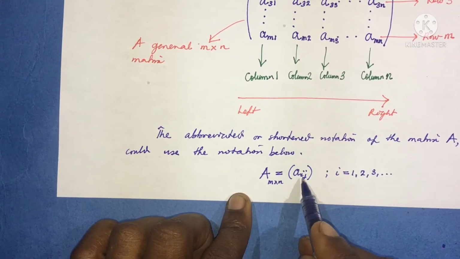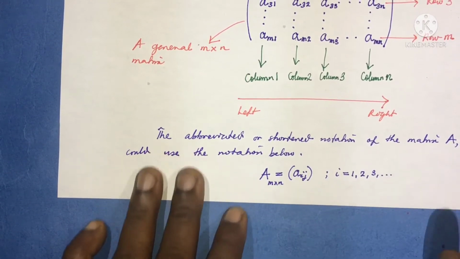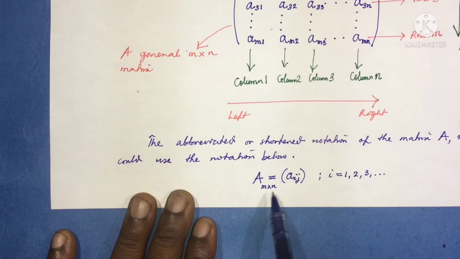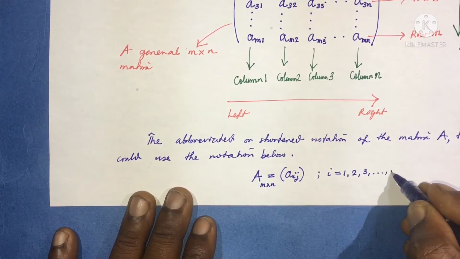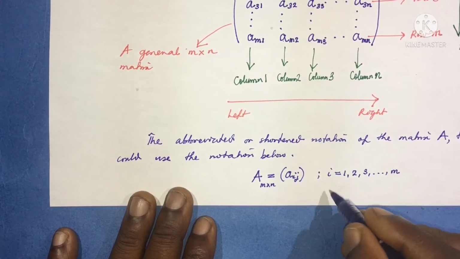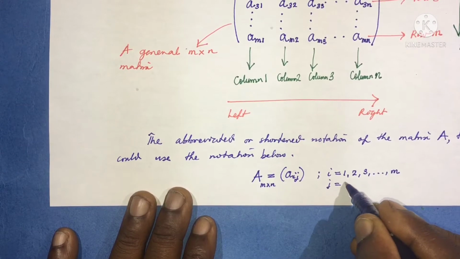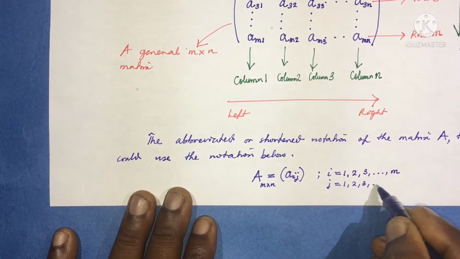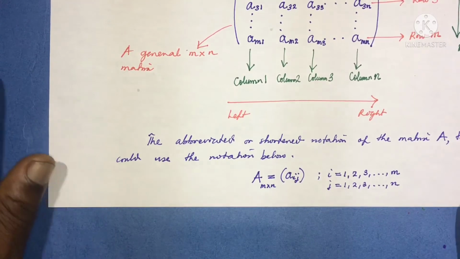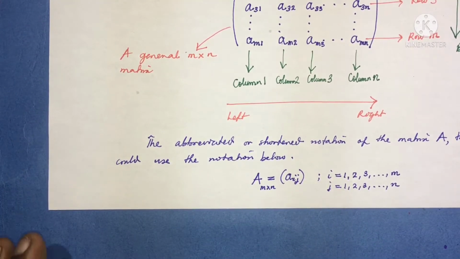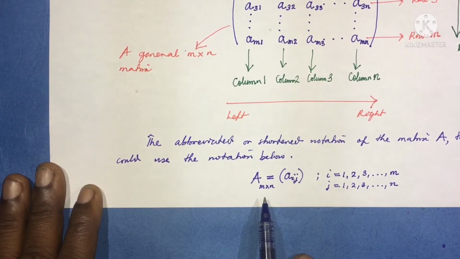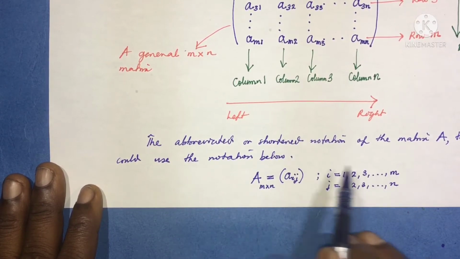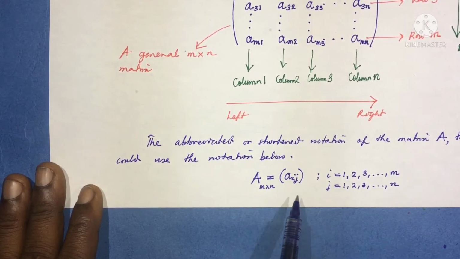Now, take note, i represents the number of rows, and because the matrix is of order m by n, telling us that it has m rows, i will be from 1 to m, and j will be from 1 to n. So when you use this notation for representing an abstract matrix, then it means that you are representing a matrix in its abbreviated or shortened form.